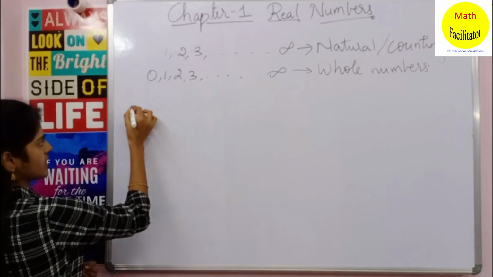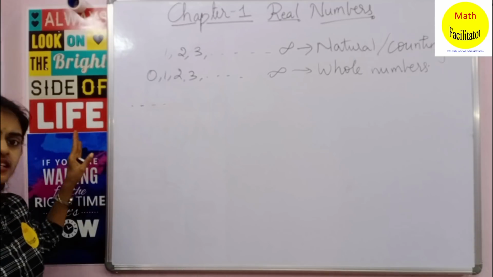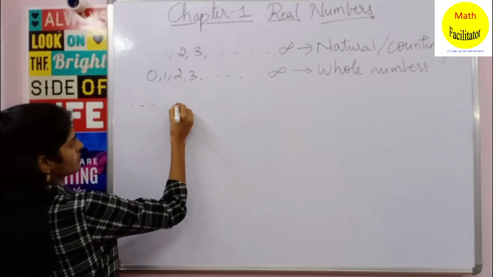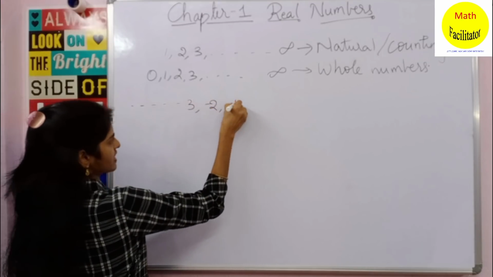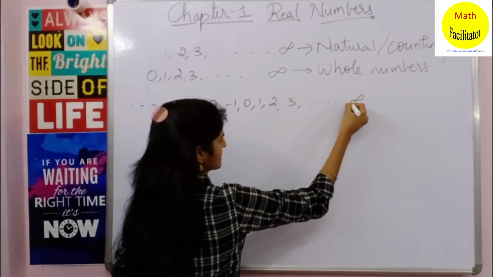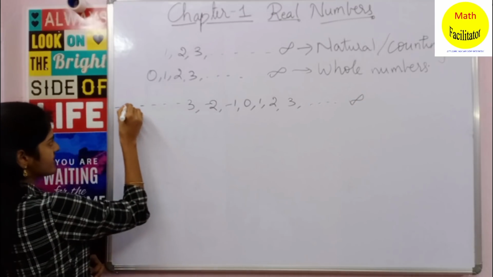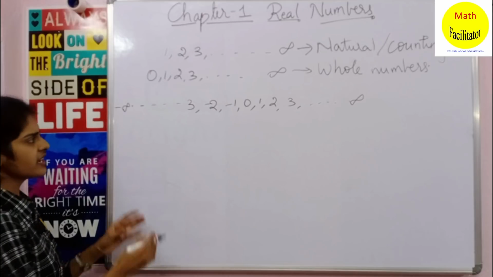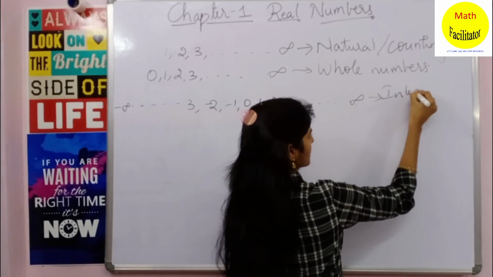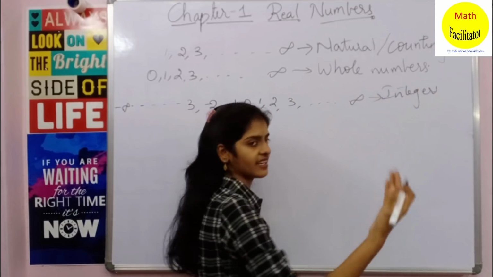The negative numbers also go till minus infinity. So it continues: minus 3, minus 2, minus 1, 0, 1, 2, 3 and so on, till plus infinity on one side and minus infinity on the other. This set of numbers is called integers. This is what we have already learned.